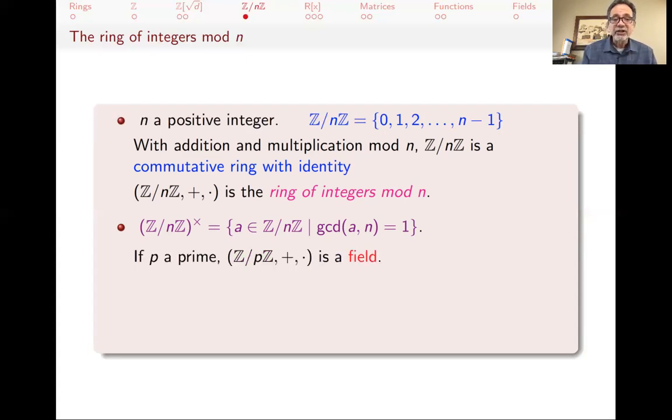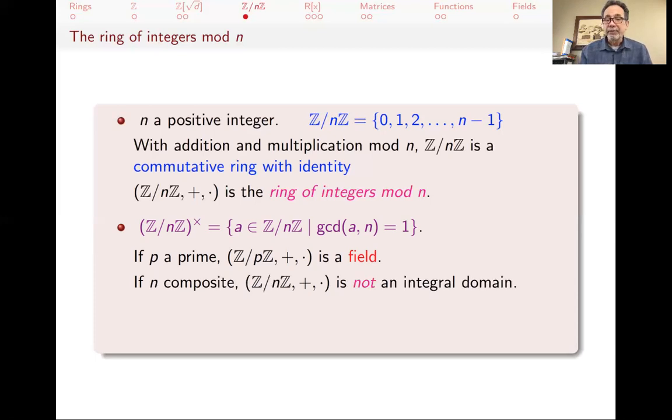In this case, that's all the elements of Z mod nZ whose greatest common divisor with n is 1, that are relatively prime to n. Those elements form a group. We have seen that in the group theory lectures way back. Now, if p is a prime, then the group of units will be everything other than 0, and that makes Z mod pZ a field.